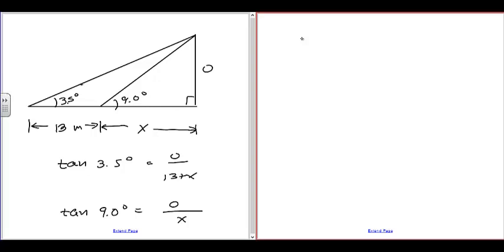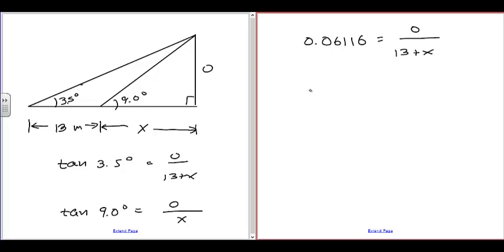So, my calculator. Make sure your calculator's in degrees. So hopefully you've pulled it out. Okay. Yep, it's in degrees. Okay. So the tangent of 3.5 degrees is 0.06116 equals opposite over 13 plus x.